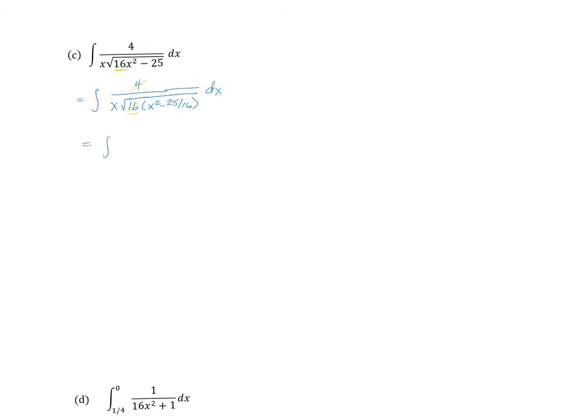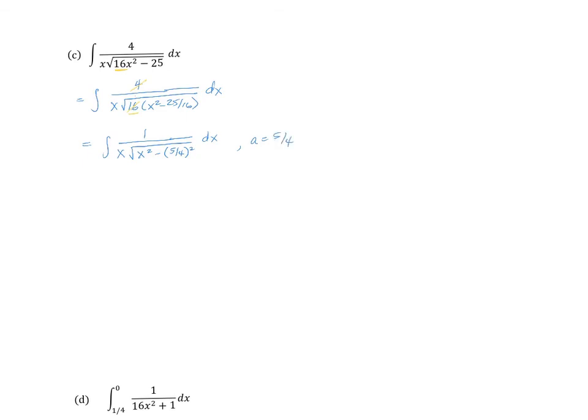So I'm going to have the integral of 1 over x square root of x squared minus 25 over 16, which would be 5 over 4 squared. Okay. So now it's in the proper form where a is equal to 5/4.